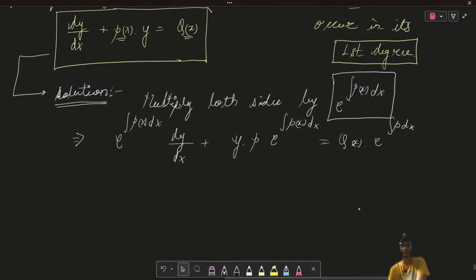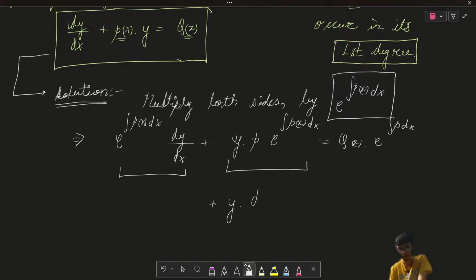Now, once we have multiplied both sides by this, in order to proceed with the solution, let's try to understand how I am writing these things, right? If I consider this as one part of the derivative and this as another part, I can club this part and write it as the derivative of y times e to the power integration of P(x) dx.